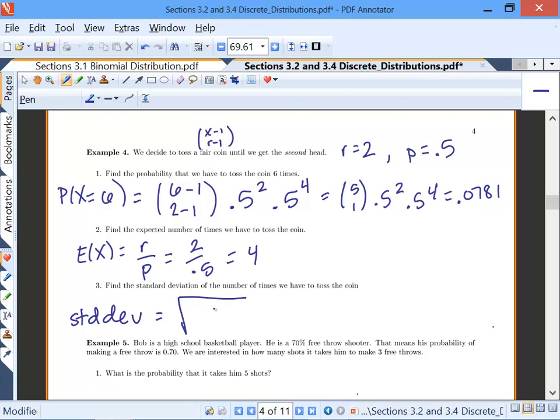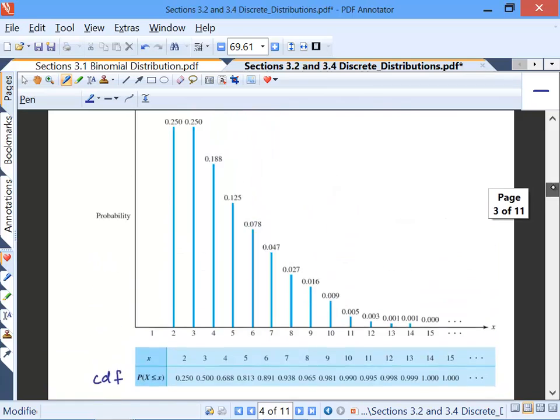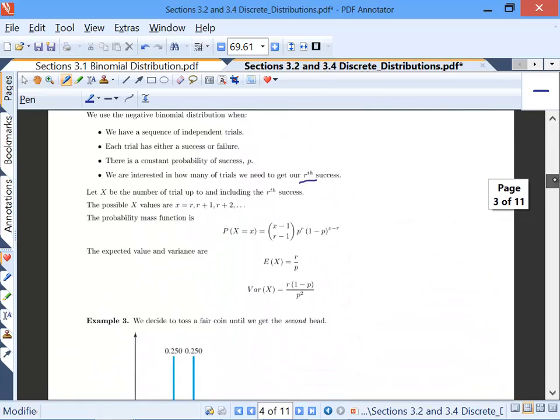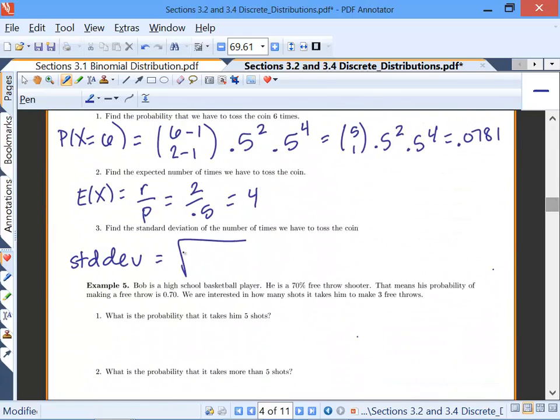So it's going to be the square root of r times 1 minus p over p squared. R is 2, p is 0.5.